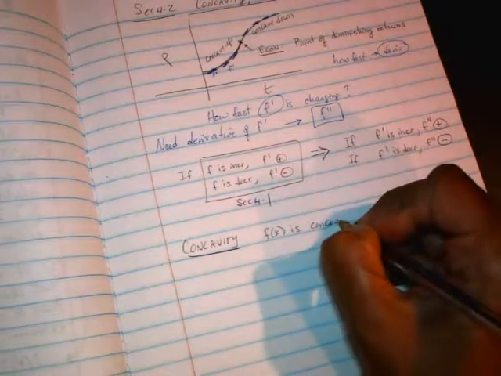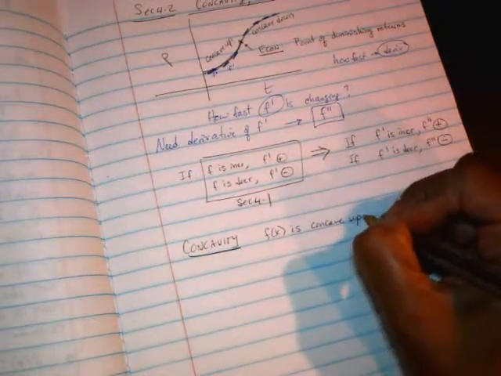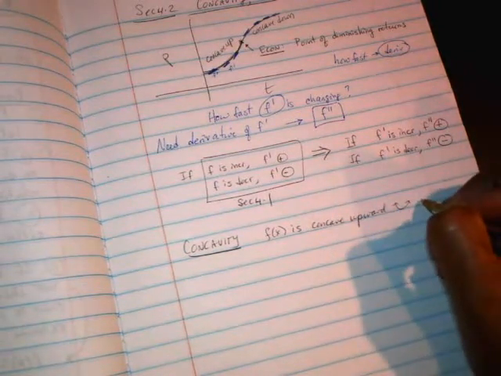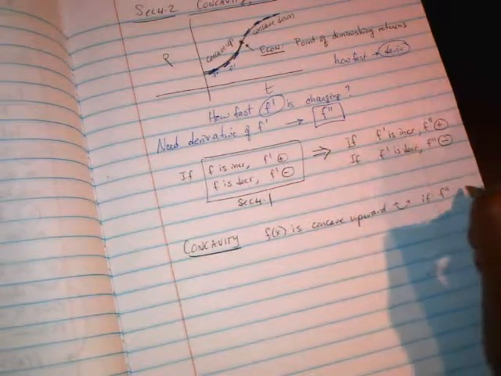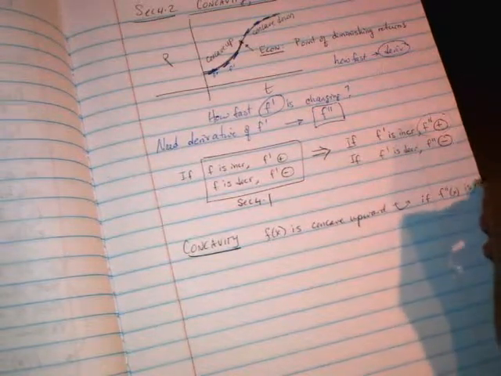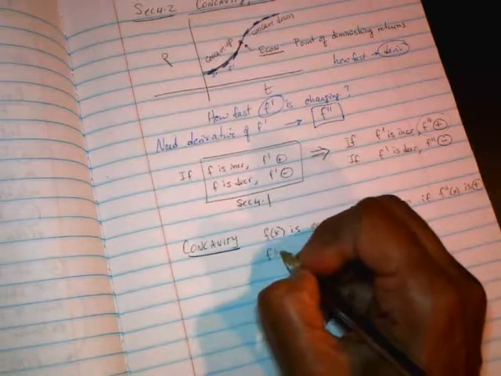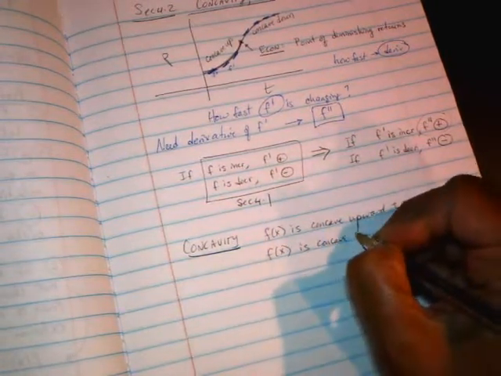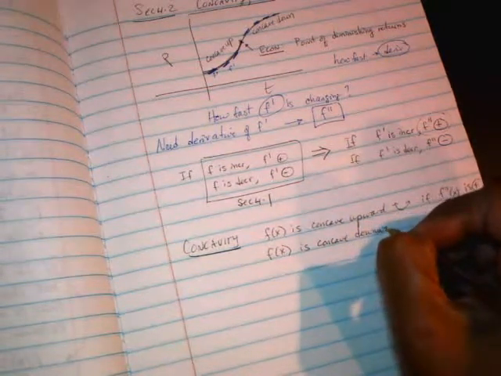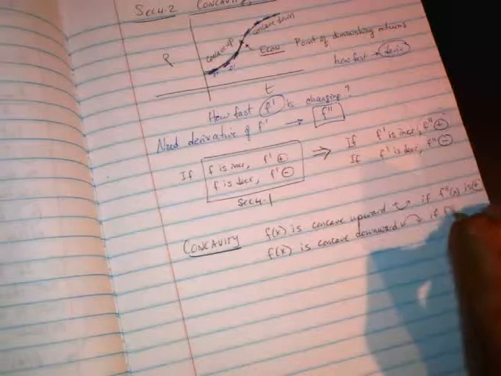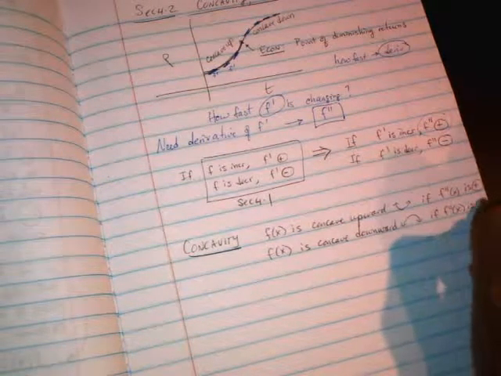The graph is curving up, concave upward. We can use this symbol, it's cupping up, if the second derivative of x, this part, is positive, and f of x is concave downward, curving down, if f double prime of x is negative.